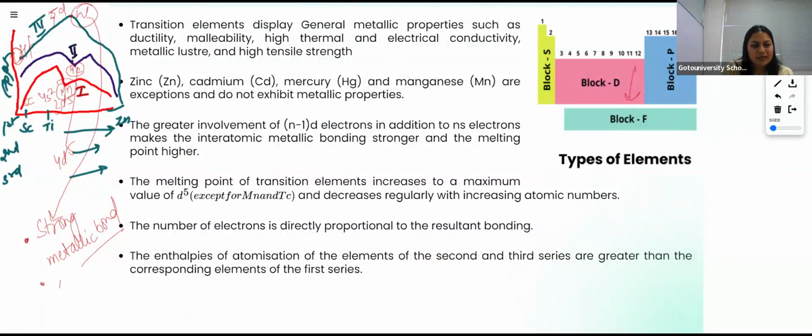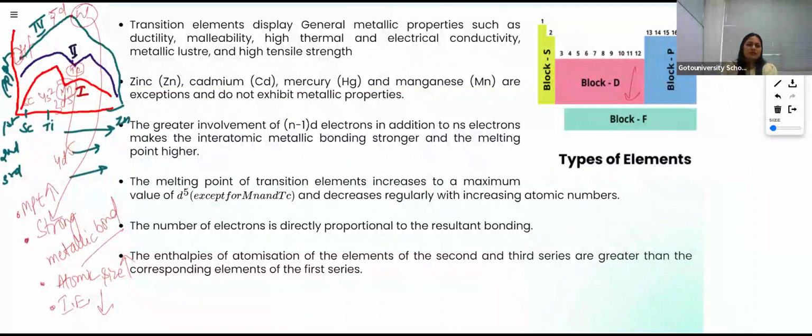The atomic size of the element is increasing, right? And which is why the ionization enthalpy of this element will be decreasing. So it is easy to remove the electrons due to the high atomic size, which is why tungsten shows a high melting point.